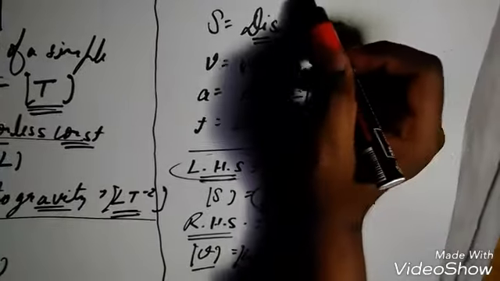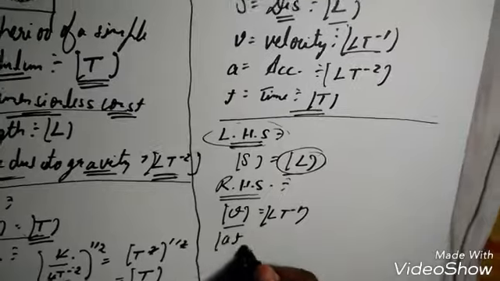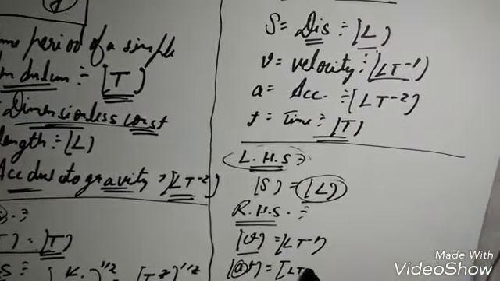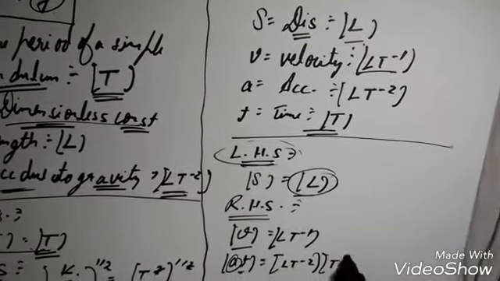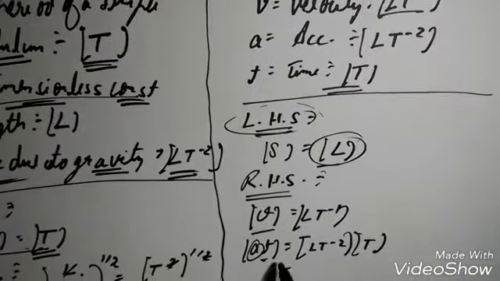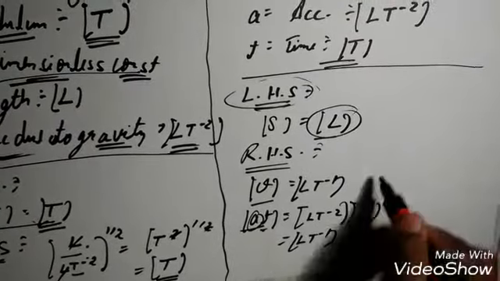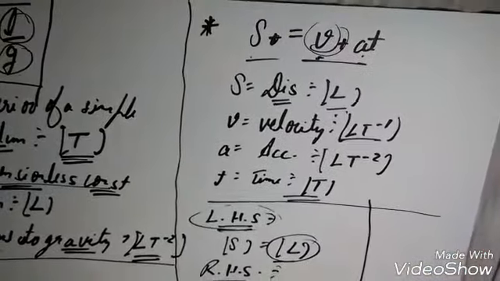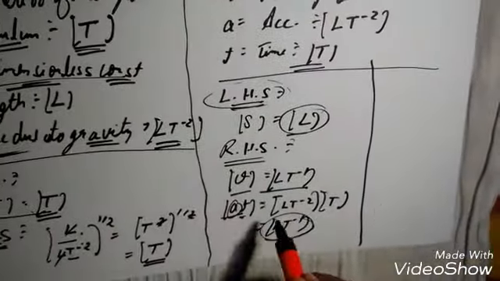The second term, to which it is added, is AT. Acceleration has a dimension of LT^-2, and time has a dimension of capital T. In combination, AT has a full dimension of LT^-1. V also has a dimension of LT^-1, the same as AT.